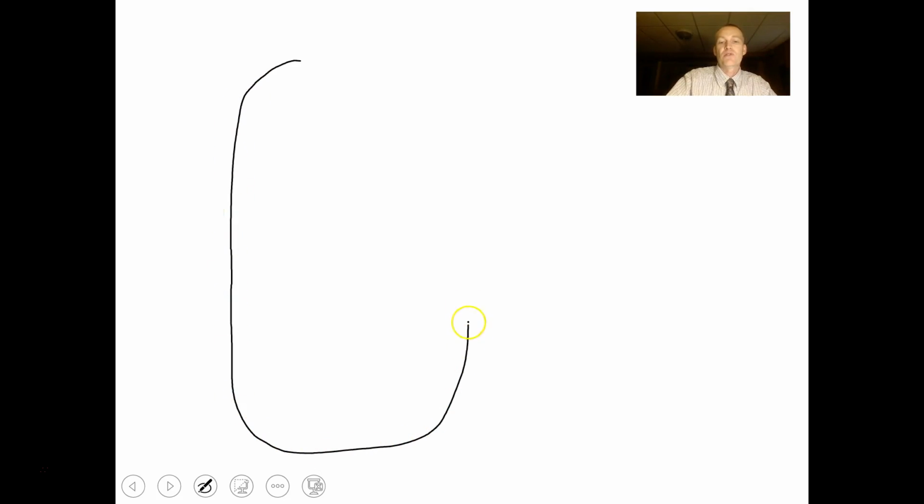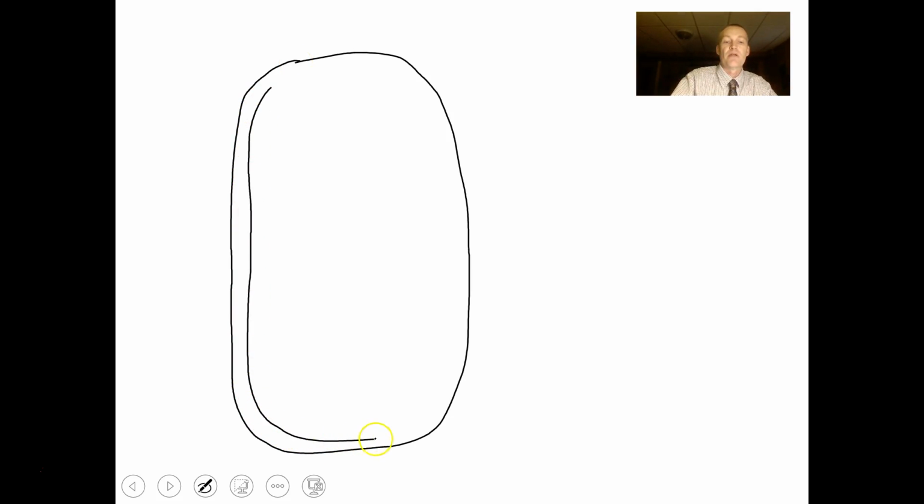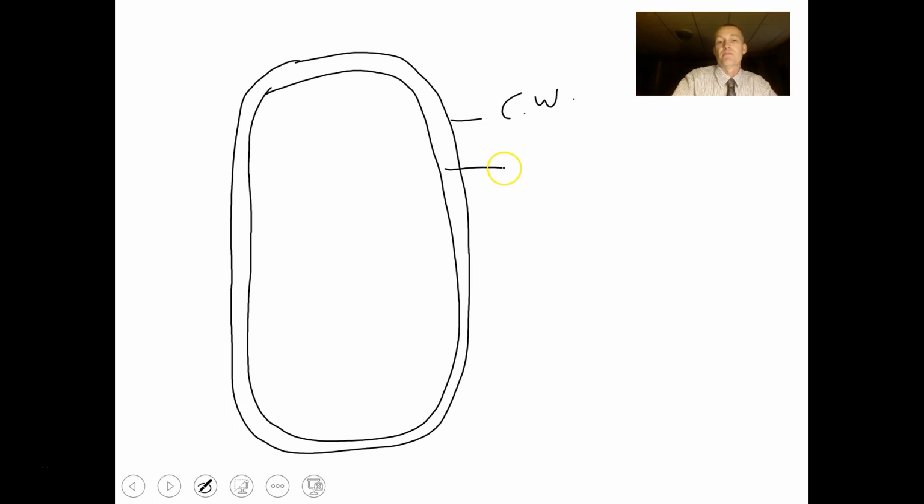Bacteria cells have 2 outside parts. They have a cell wall and they have a cell membrane. So 2 layers, cell wall and cell membrane. Inside they have a region called the nucleoid. It's a region that holds the bacterial chromosome.